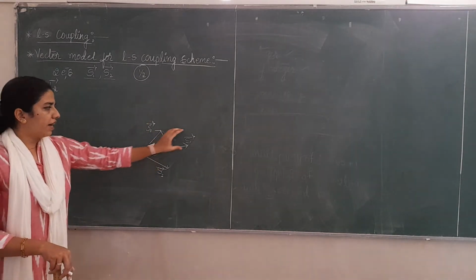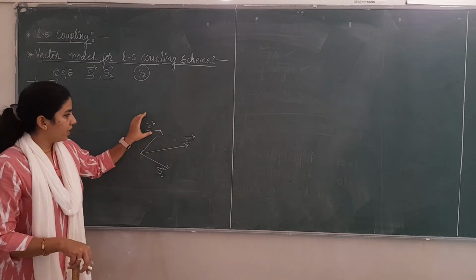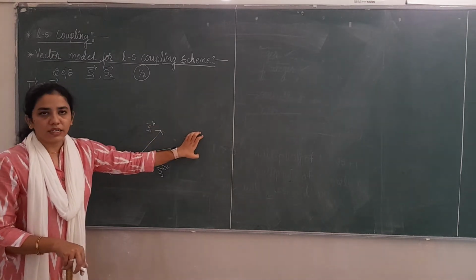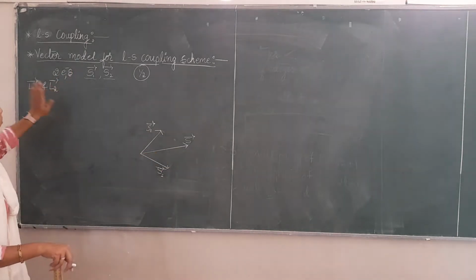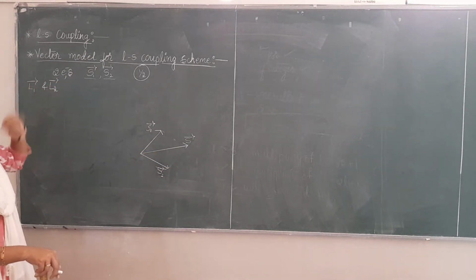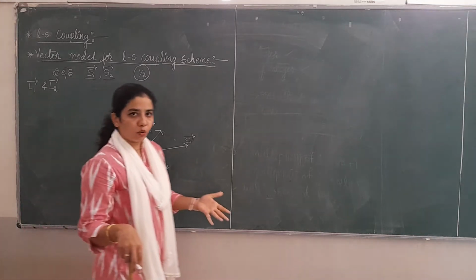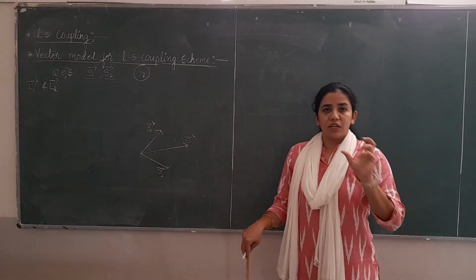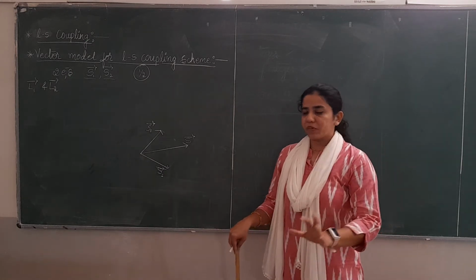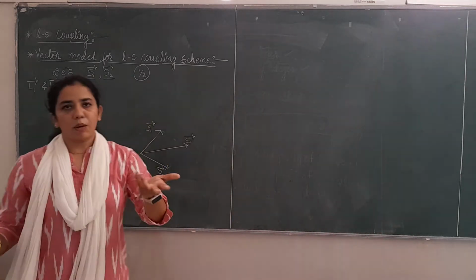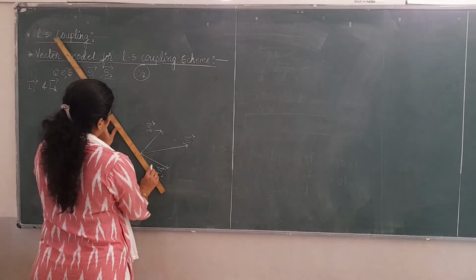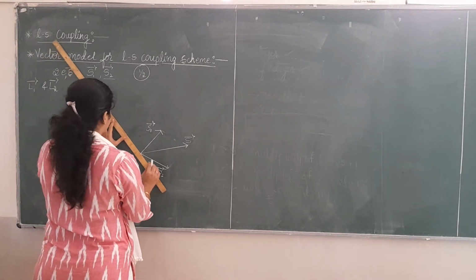Now, what was our coupling scheme? The spin angular momenta separately interact to give a resultant. Similarly, we have to do it for L1 and L2. Here L1 and L2 need not be equal in magnitude, so I can take them approximately.